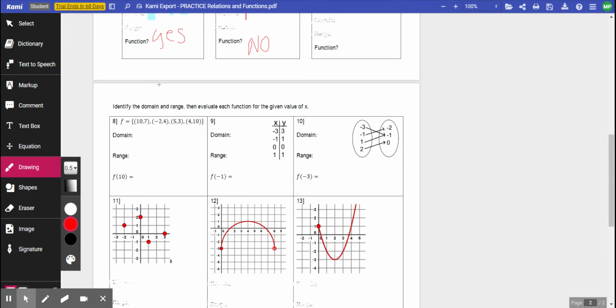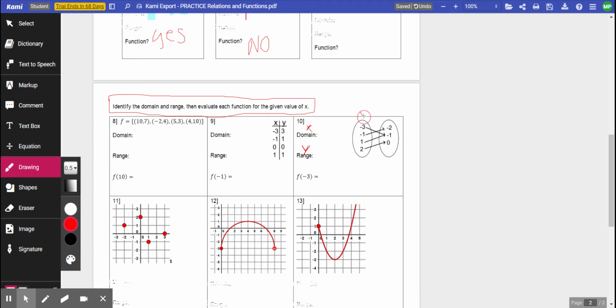Now, on this, it says identify the domain and range. We haven't really covered that yet, but I want to get started. I want you to start understanding what domain and range is. So domain is your x values, okay? Range is your y values. And I'm going to do this one because it's probably the hardest one. So domain is your x, range is your y. So how do we write the domain and range?